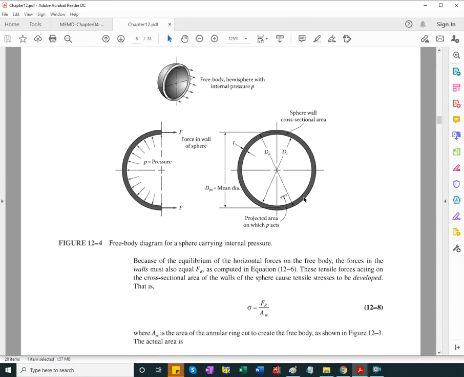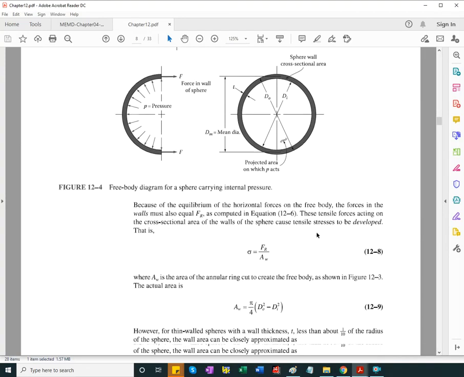And how do you get the area of the annulus? We take the mean circumference, pi times mean diameter, or 2 pi times mean radius, and multiply that by thickness.